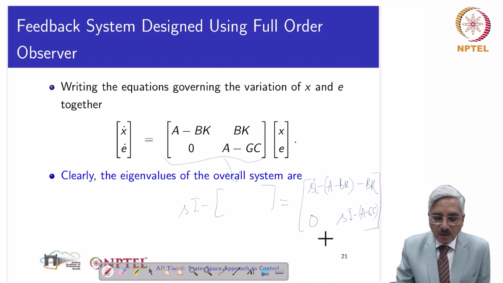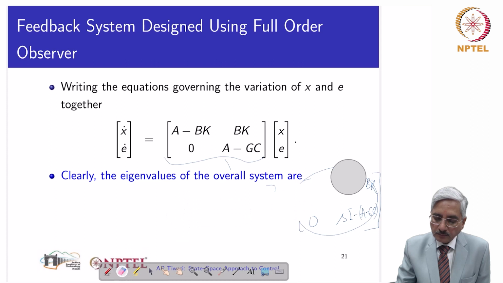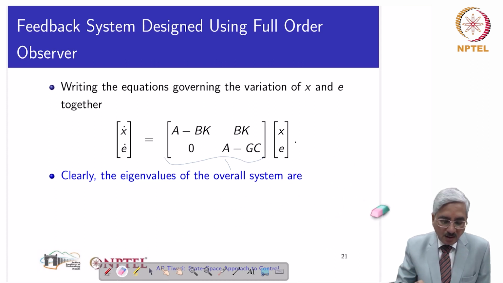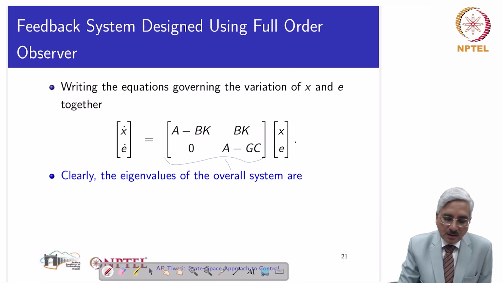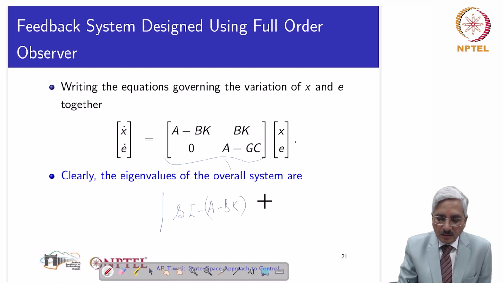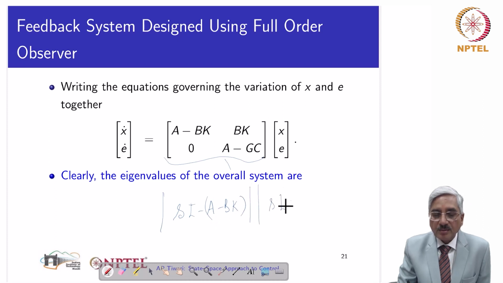And so the characteristic polynomial of this system will be obtained by taking its determinant, and that becomes the determinant of sI minus A minus BK into the determinant of sI minus A minus GC.